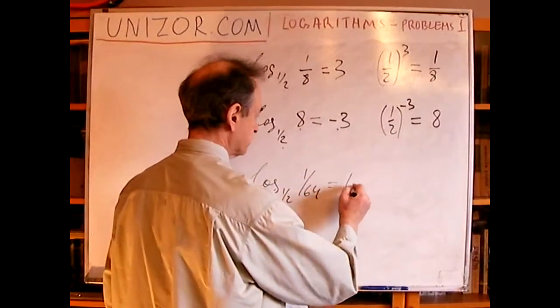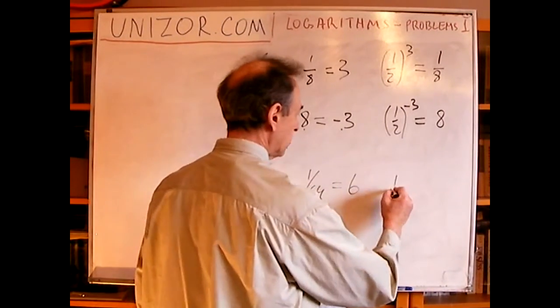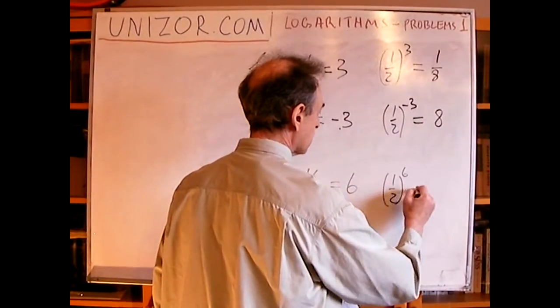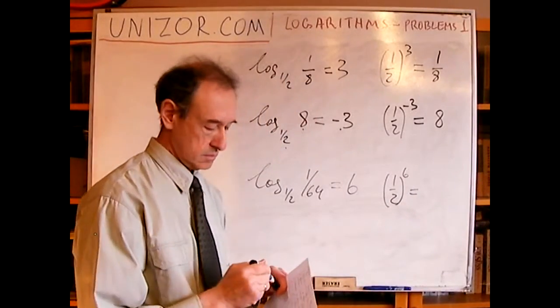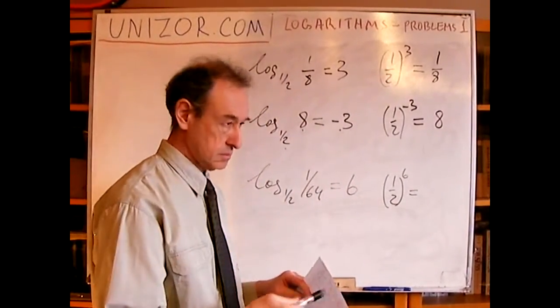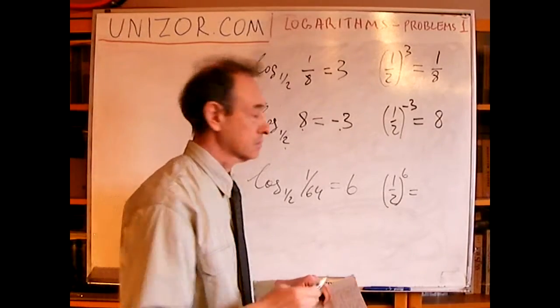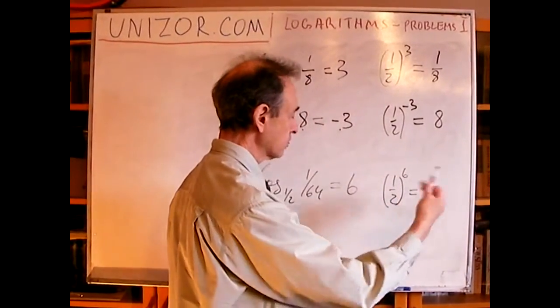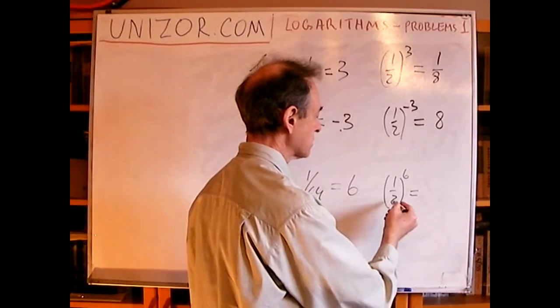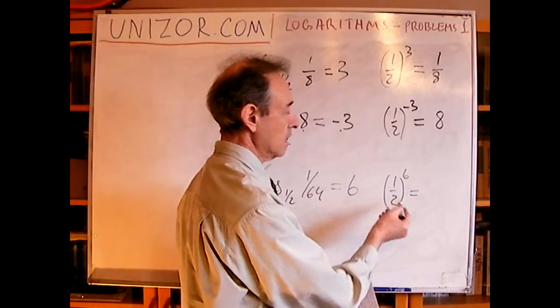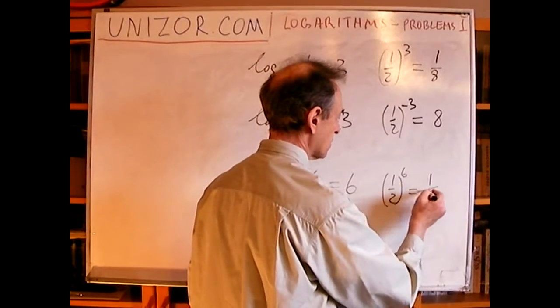Finally, the last one in this series, log base 1/2 of 1/64. 6, right? Because 1/2 to the 6th degree would be 1/64. Because it's 2 times 2 times 2 times 2 times 2 times 2. It's 2 multiplied 6 times by itself in the denominator, and that's 1/64.